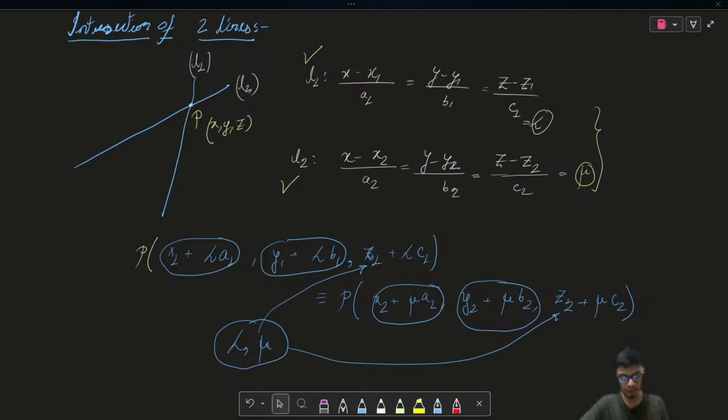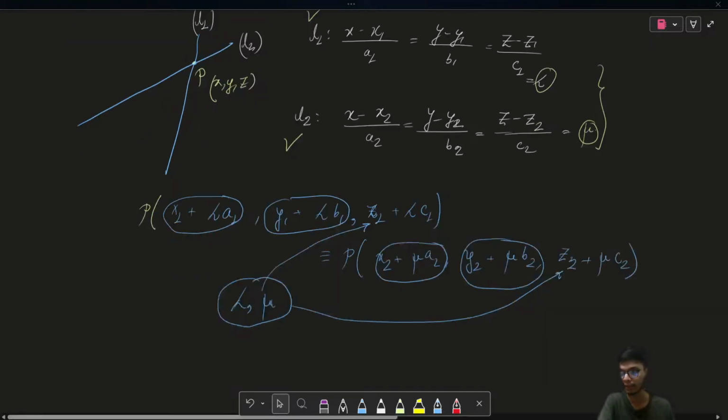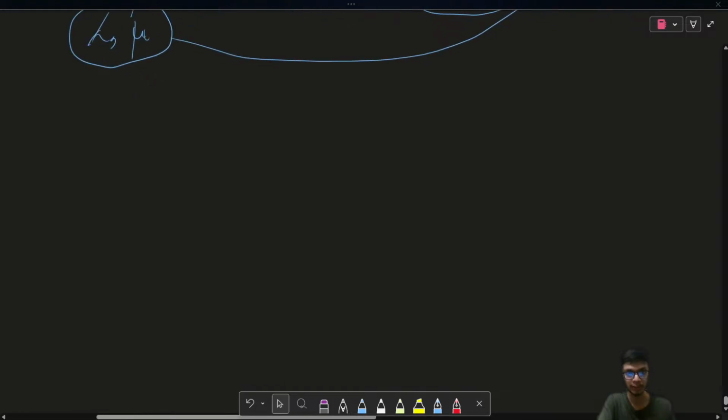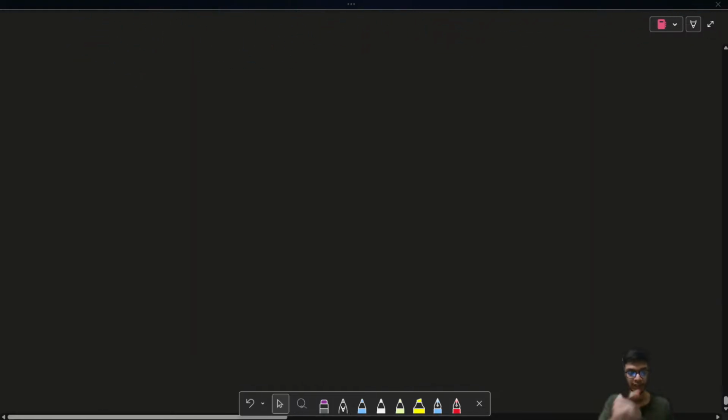So we now need to understand how we can find two important properties of a straight line in space.